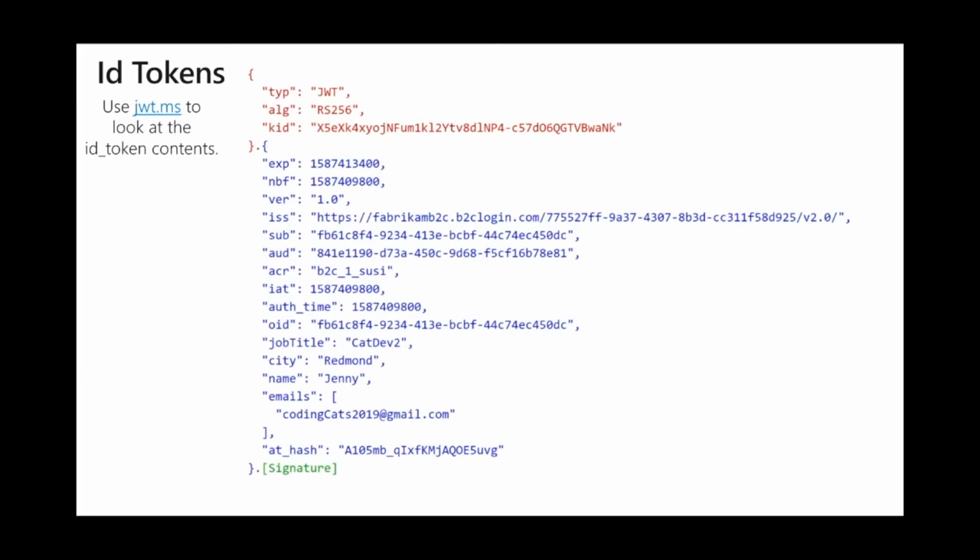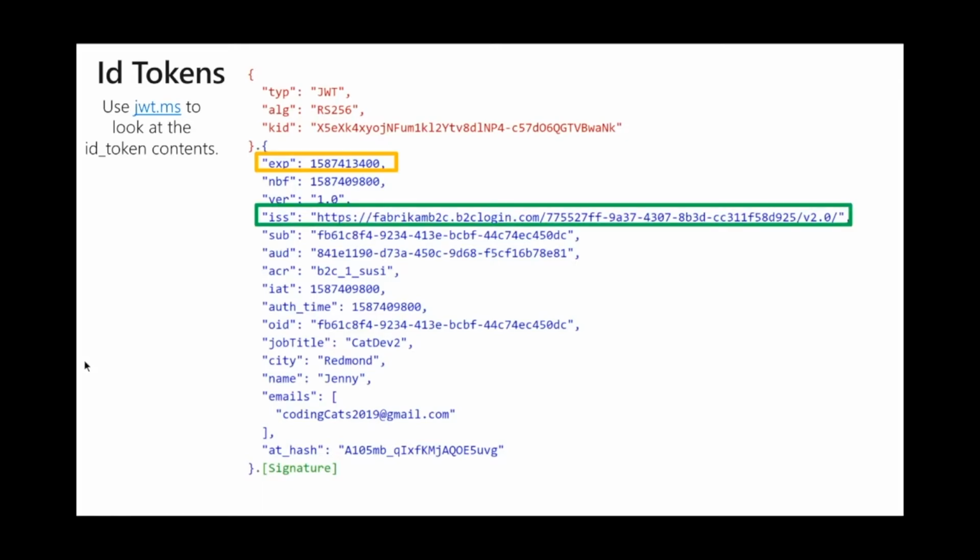Similar to an access token, the ID token is also a JSON web token and has three parts: the header, the body, which contains the expiration of the ID token, just like the access token, and the issuer or authorization server. This is the same as the access token value. It's the same authorization server, so those values should be the same.